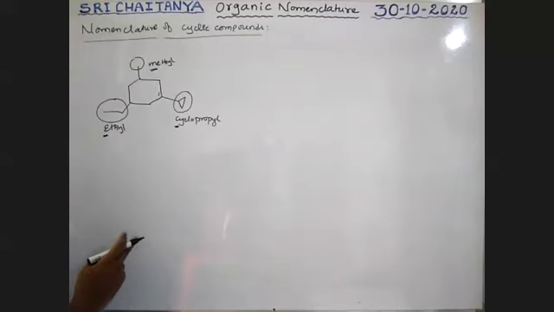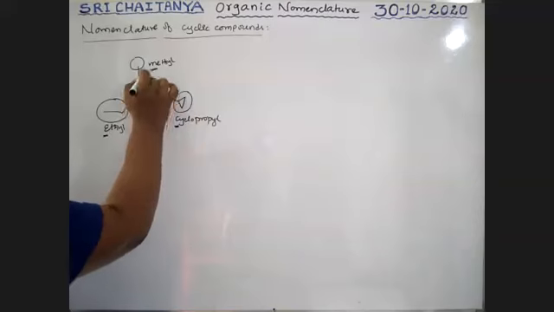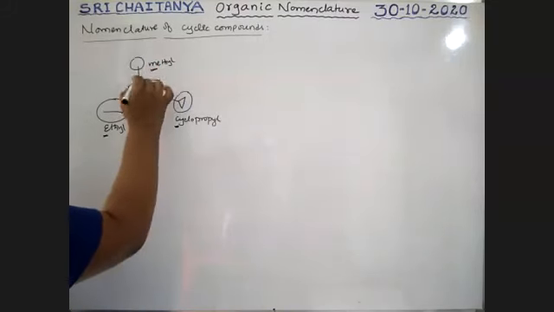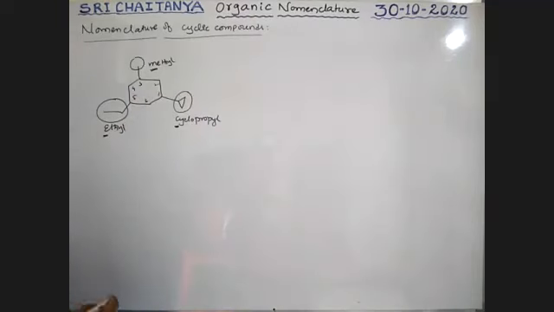Next, the less numbered carbon, the less carbon substituent: 2, 3, 4, 5, 6. Okay. Therefore, what is the name of this compound?